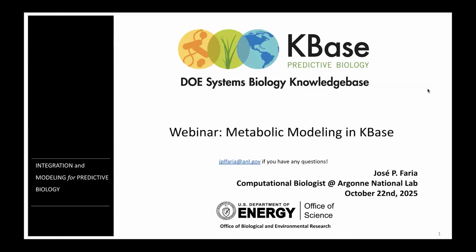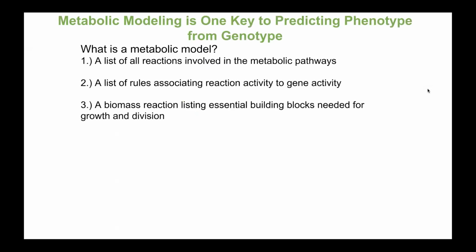Yeah, we're good. So first, I'm going to talk a little bit about what a metabolic model is and what it's not. The simplest way of explaining it is that you get a list of reactions involved in the metabolic pathways for a given organism.